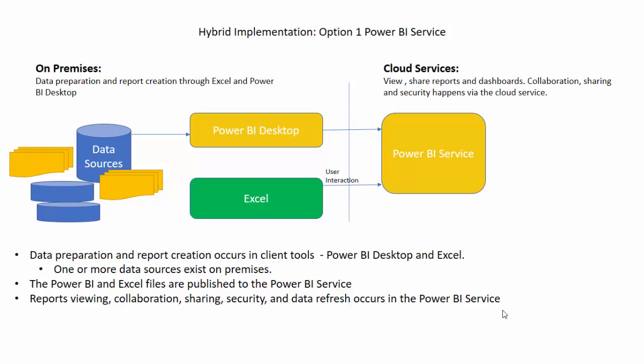So we do not share any Power BI files across the organization as a PBIX file. All sharing happens via the cloud service. Similarly, we've got our security and collaboration also being done through the cloud service. So this is the first option.